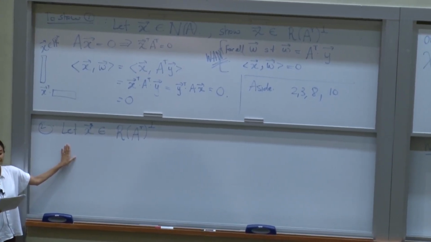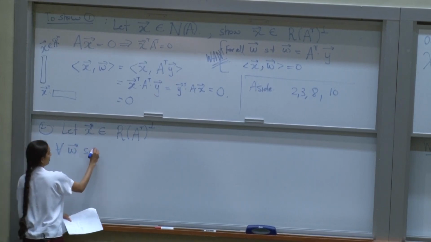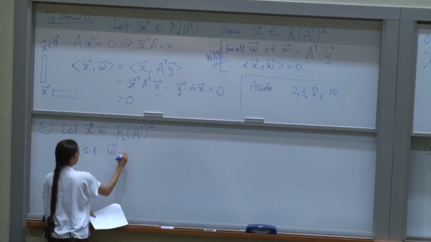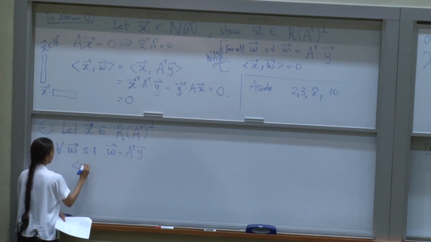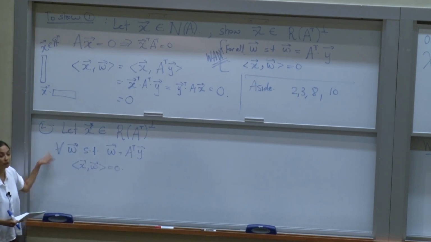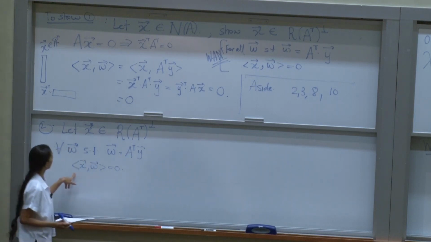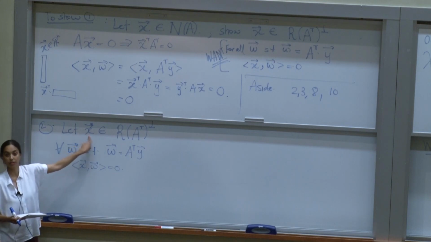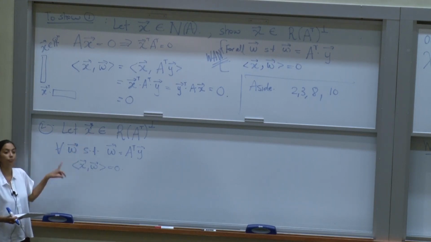This means that for every w such that w is equal to A transpose y, I have x inner product w is equal to 0, right? Now I'm starting with this. And now what do I want to show? I want to show that this x had also better be in the null space.